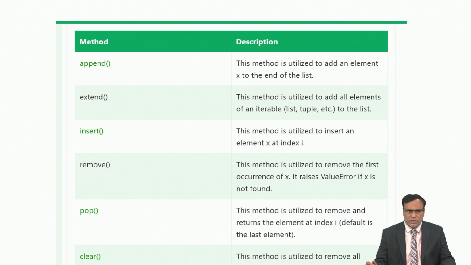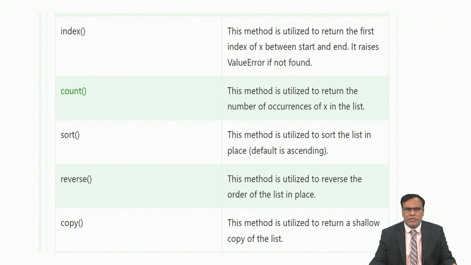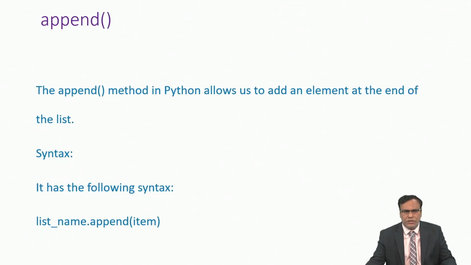So this is the list of methods available in lists. These are some methods, or say functions: append, extend, insert, remove, pop, clear, and also some other functions, namely index, count, sort, reverse, copy, etc.